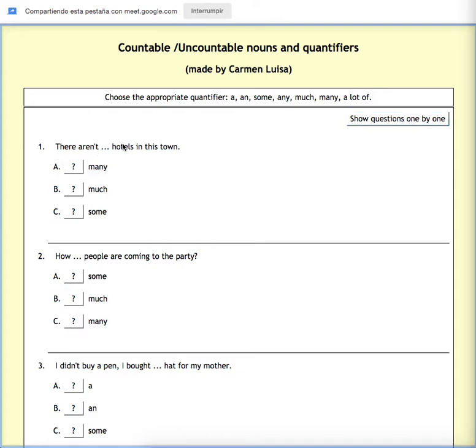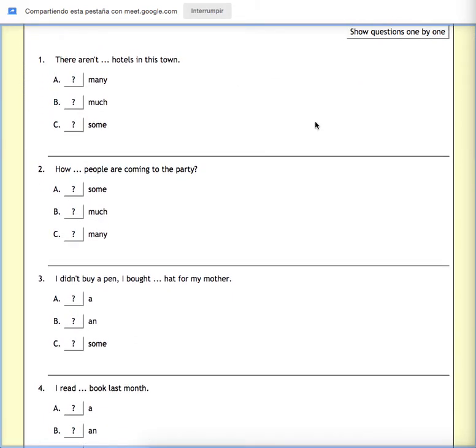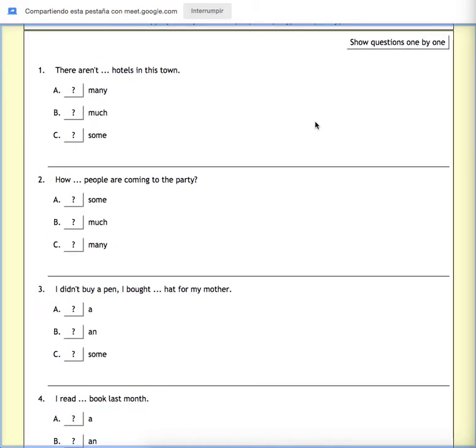So the idea here is that we are going to choose an appropriate quantifier. We are going to reinforce quantifiers next week, don't worry. But let's decide if we have to use a, an, some, many, few, and so on, okay? So let's go with the first one. There aren't hotels in this town.